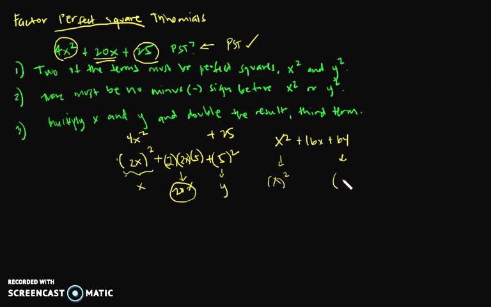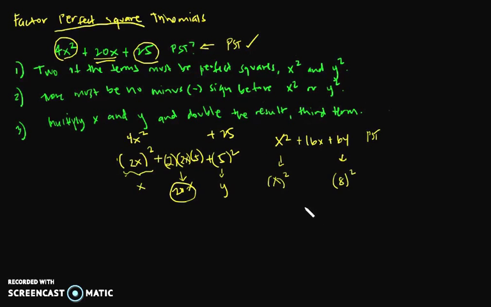This is 8 squared. So the first and last terms can be represented as perfect squares. Then if I multiply x by 8, that would be 8x, double it, so that is 16x. And there is no minus sign before x squared or y squared. So this is a perfect square trinomial.